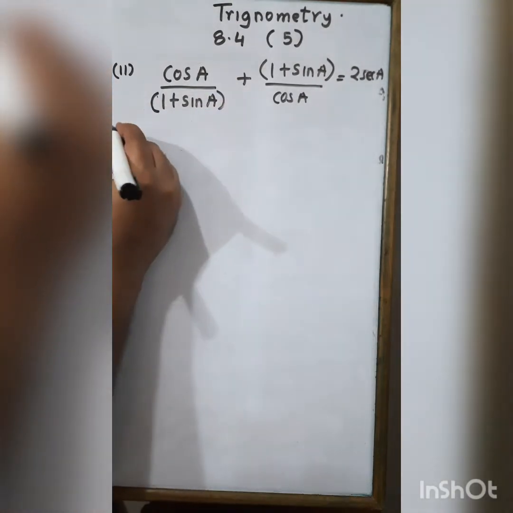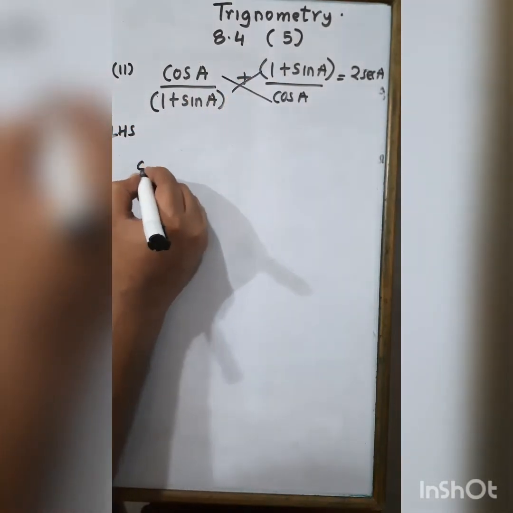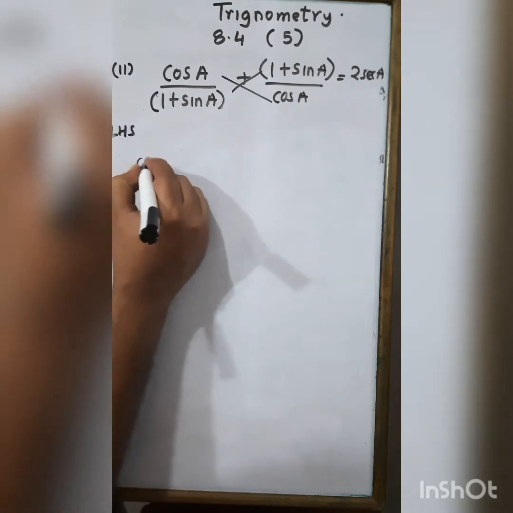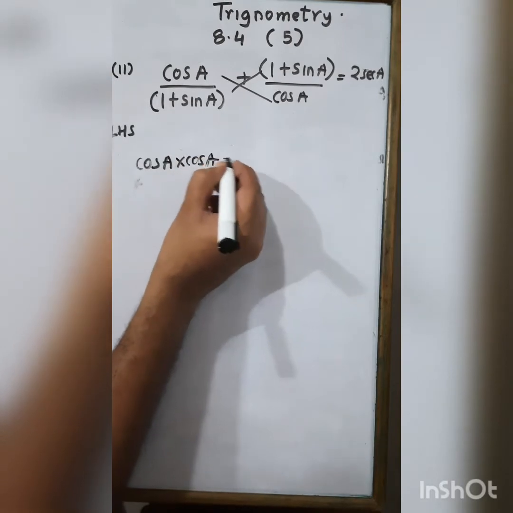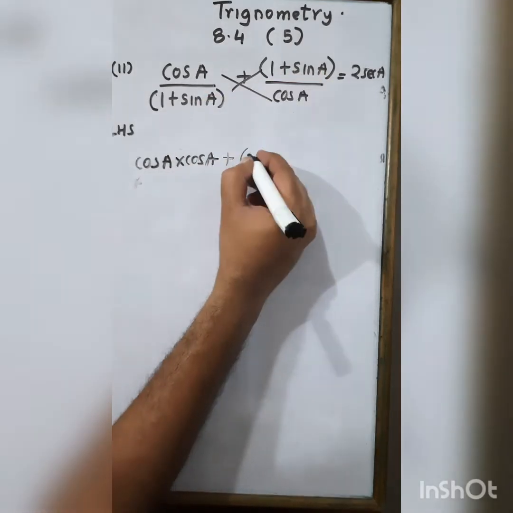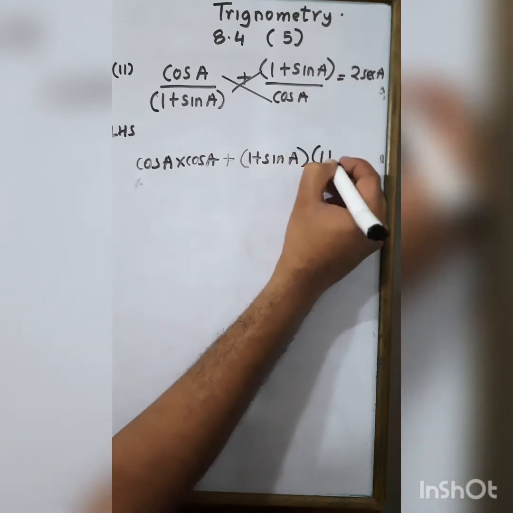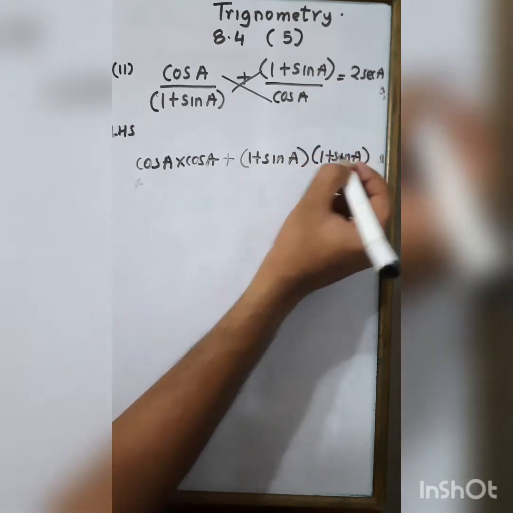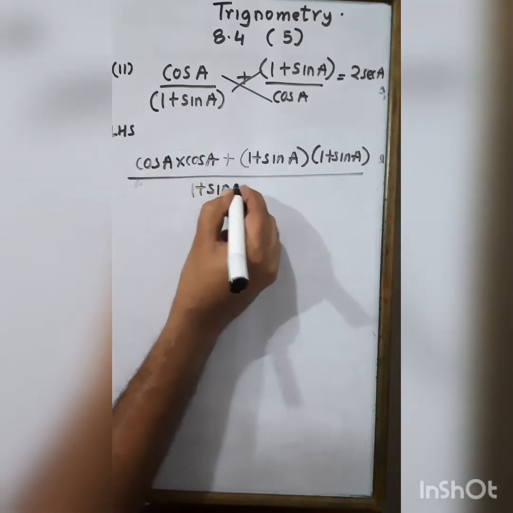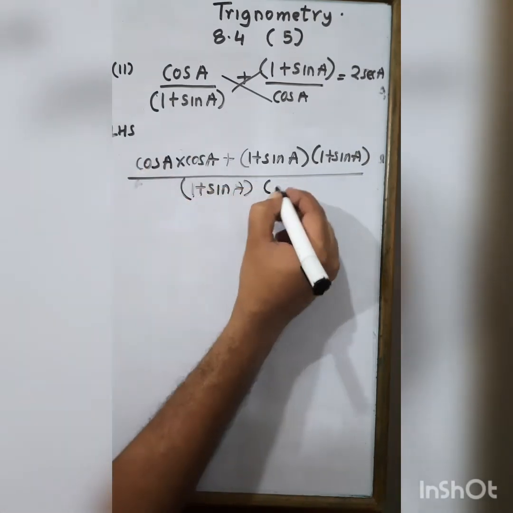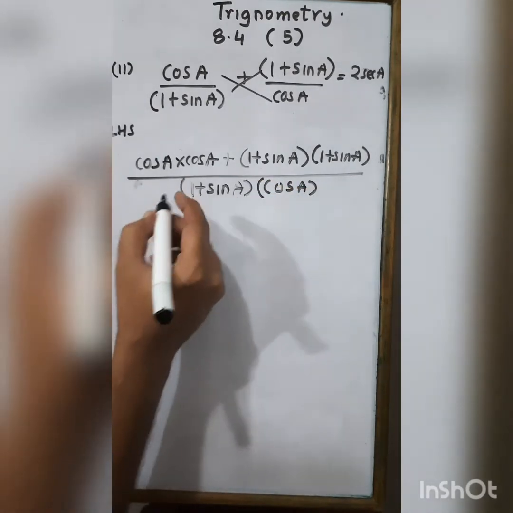So let us start with left hand side. What is left hand side? It is cos A into cos A plus 1 plus sin A into 1 plus sin A, divided by 1 plus sin A into cos A. Now what is cos A into cos A?